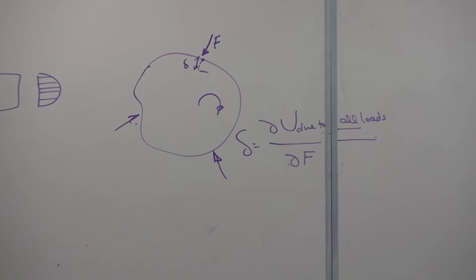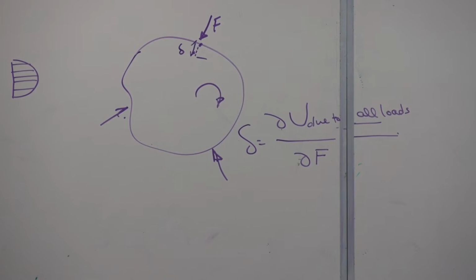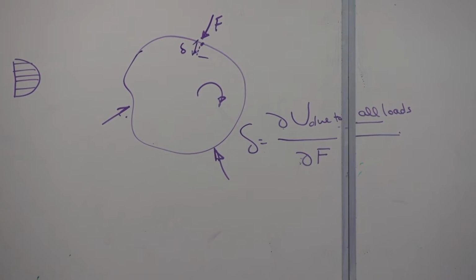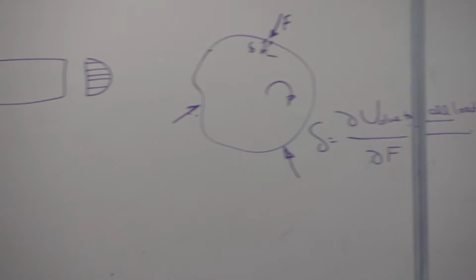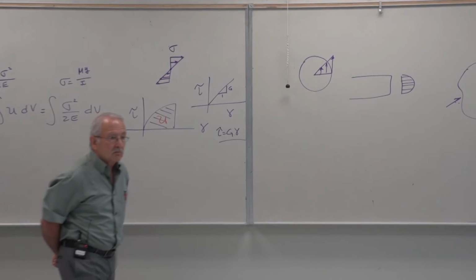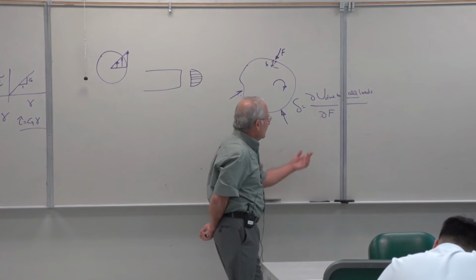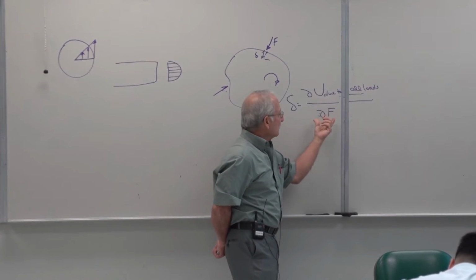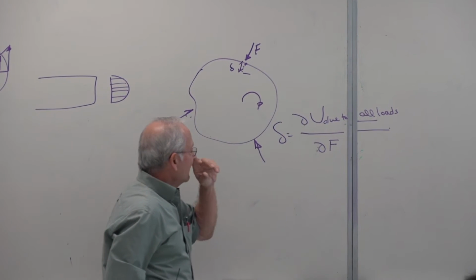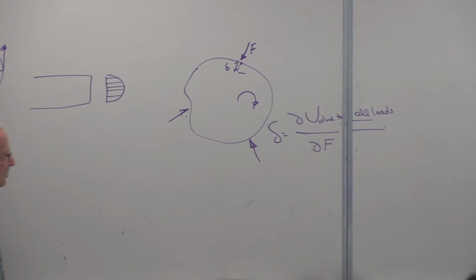The reason why we say partial derivative and not total derivative is that u, the strain energy, is not just a function of F. It's a function of the other loads applied as well. So we want its partial, however, with respect to F. If you do that, you will have the deflection.